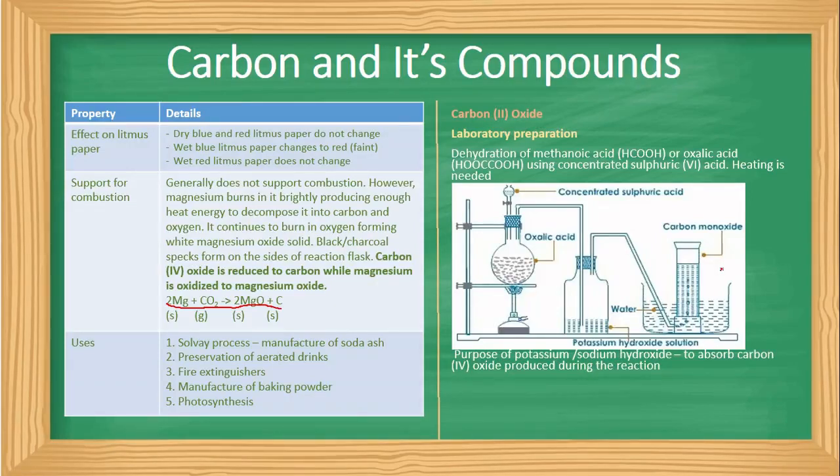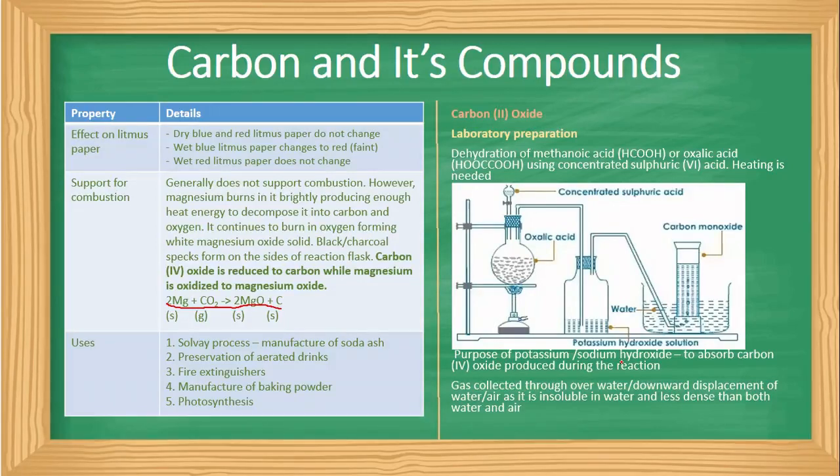The purpose of the sodium or potassium hydroxide here is to absorb the carbon 4 oxide that is produced during the reaction. Remember, here we just want to collect carbon 2 oxide. Therefore, any carbon 4 oxide that is produced must be absorbed. So potassium or sodium hydroxide is used for that purpose.